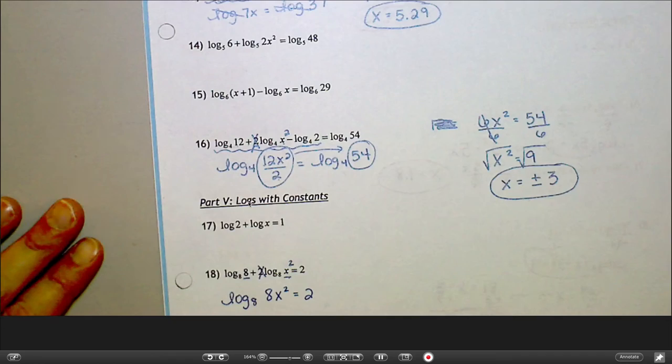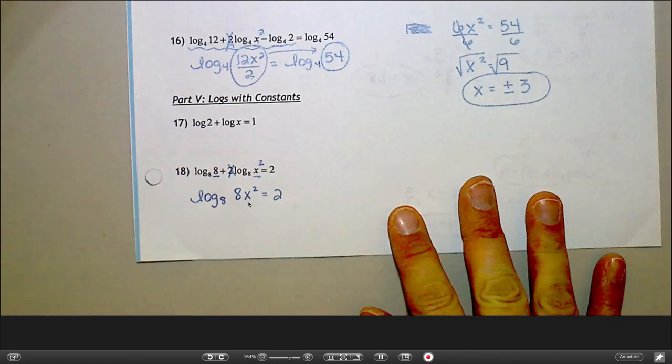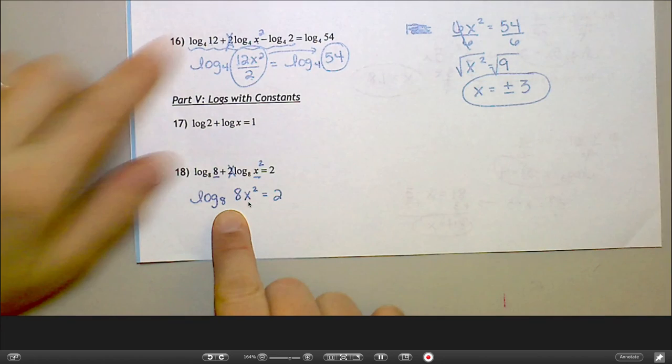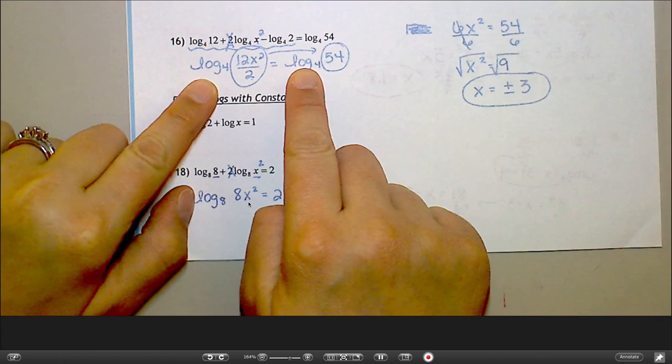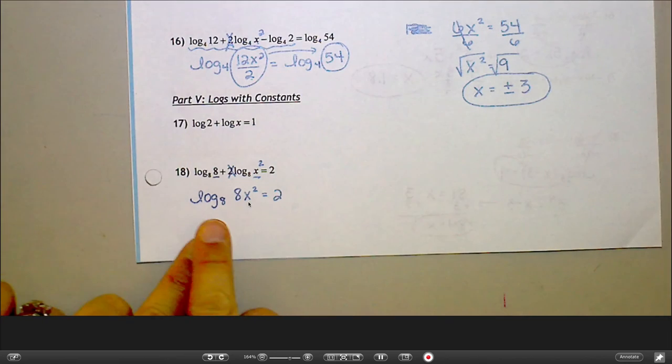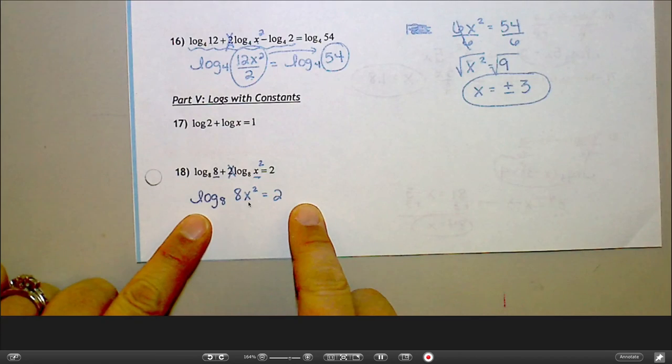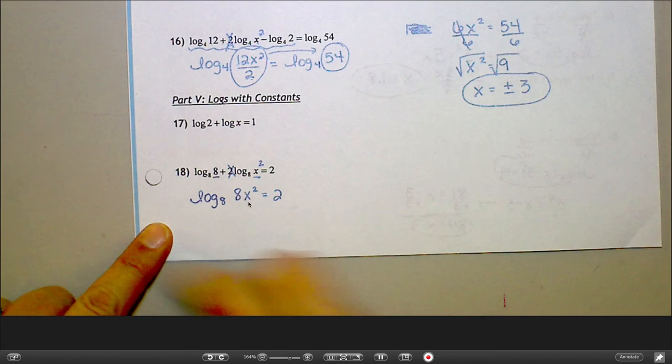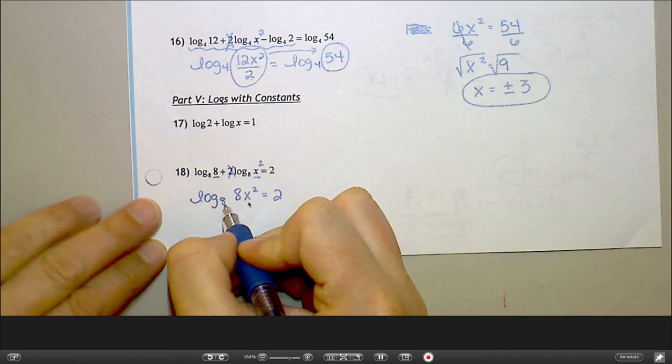But now I want to make sure you see how that's different from what we had up above. Up here, after I did that step, I had log equal log, and then I just scratched the logs. Okay. Here I have log equals number. So if I have log equals number, what's my next step from here? No. Okay, I'm going to write it as an exponent, right?